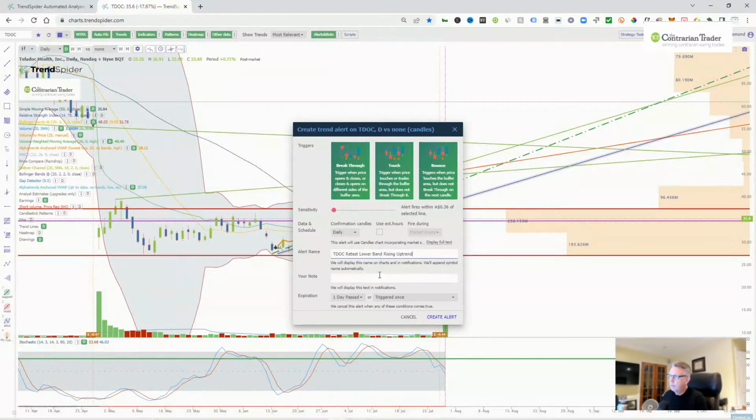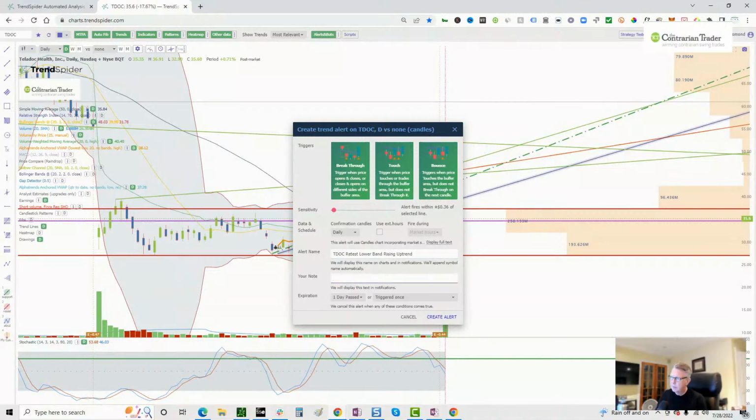And so if this lower band gets tested, you may want to buy more, or if you're long, you may want to stop out.